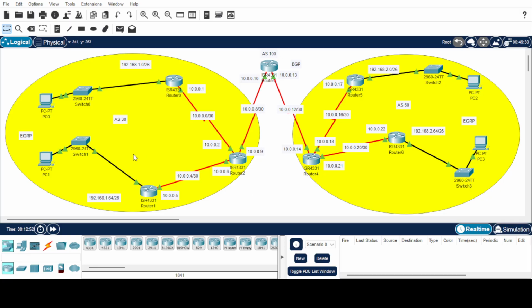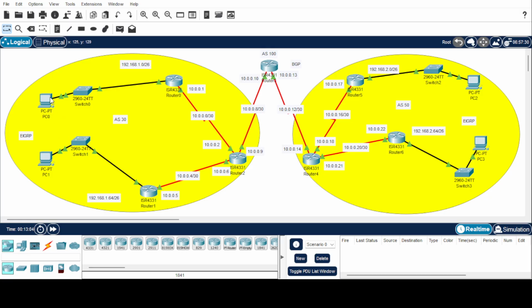Before I start configuring EIGRP, let's test the ping report and keep it as a reference. As we proceed further, we will see.